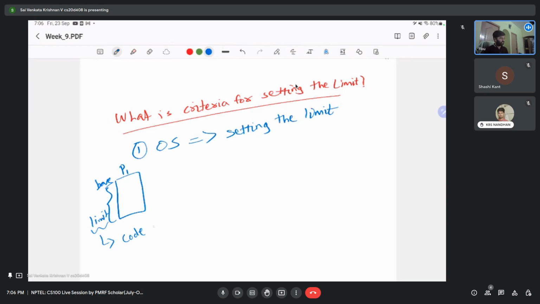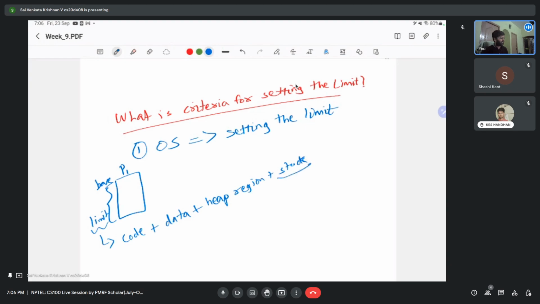So the size of the code and the global variables, the data section, and also a limit for the heap region and stack region, right?